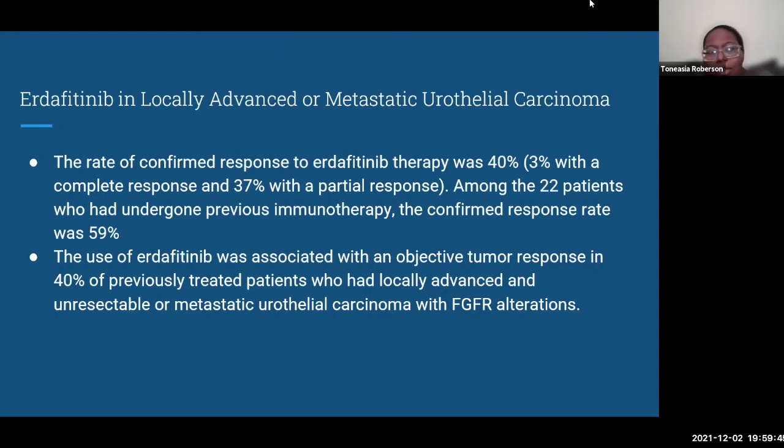Among the 22 patients who had undergone immunotherapy before they started this regimen, the confirmed response rate of them was 59%, and the use of erdafitinib was associated with an objective tumor response in about 40% of the patients who had a locally advanced or metastatic urothelial carcinoma.